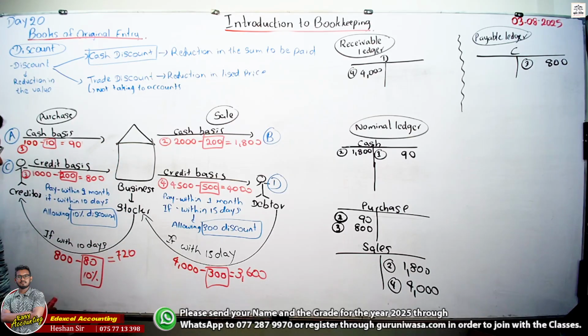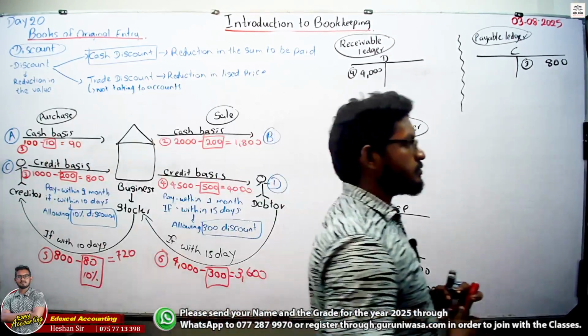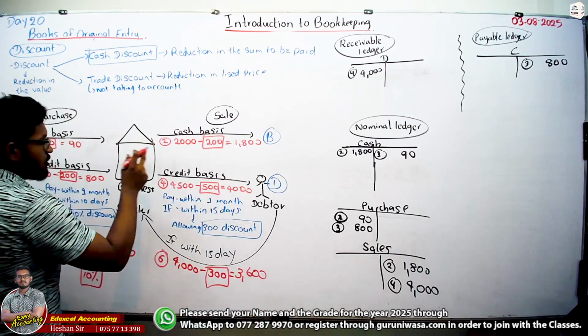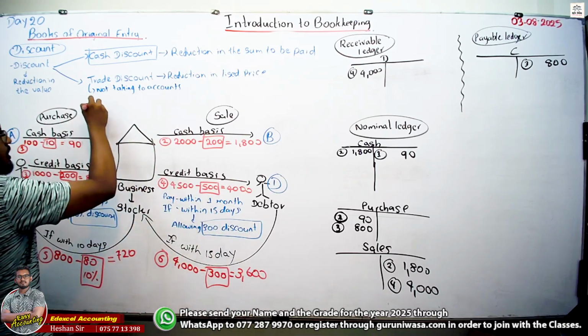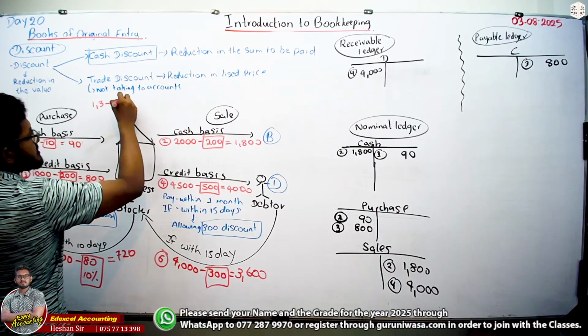This is a cash discount, number 5 and number 6. Understand? Hope it's clear to you. Number 1, 2, 3, 4: 1 and 3 are trade discounts received.